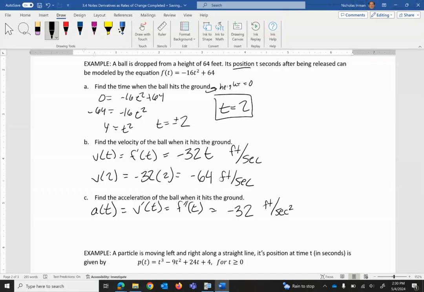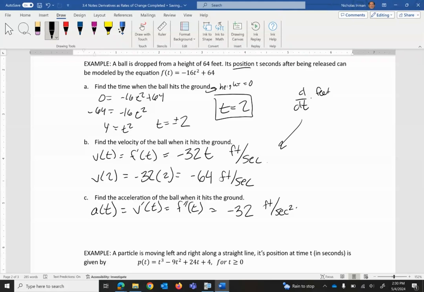Okay, so where these things are coming from, right, so we had f of t and we did d dt. So f of t, that's like a y, a feet. So we took the derivative of feet per second, okay, and that was here.